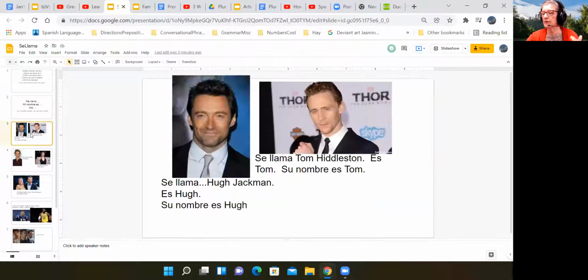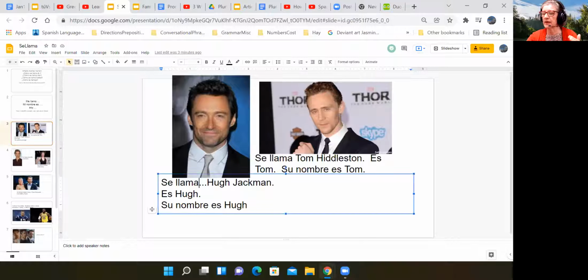But when we talk about somebody else, it can't be me llamo anymore. It's got to be se llama, the same as in the question. So if I were to talk about this guy, se llama Hugh Jackman. Or I can say es Hugh.